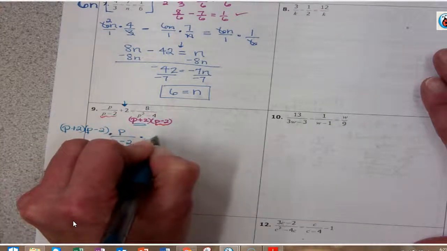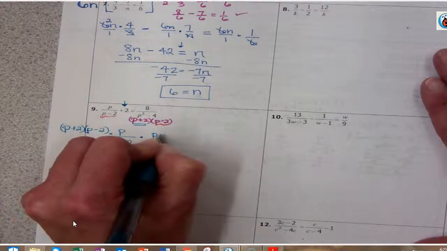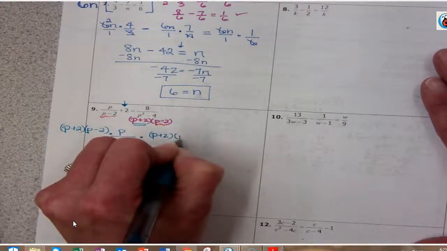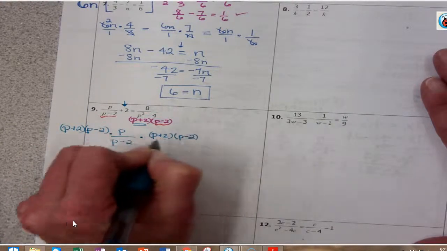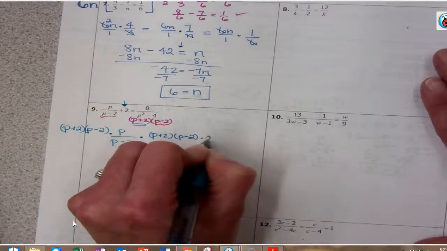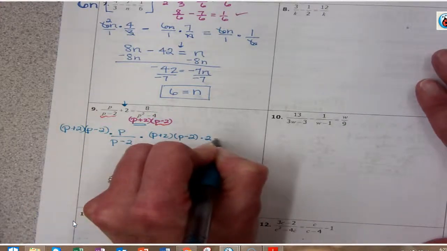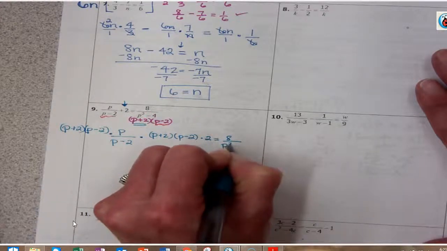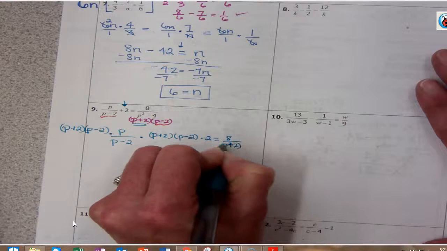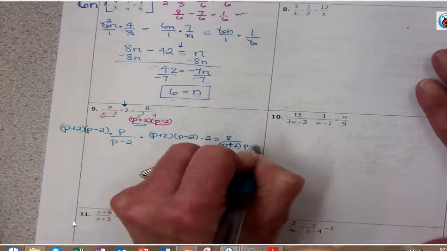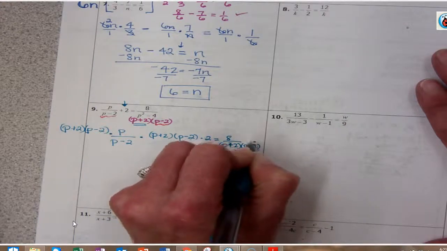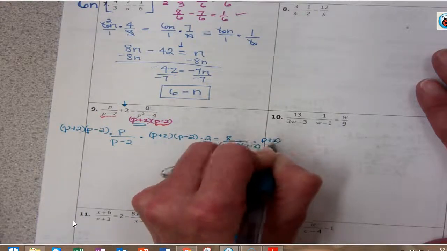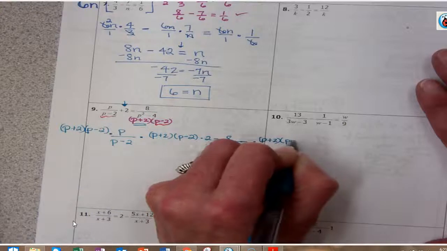And then I'm going to multiply (p plus 2)(p minus 2) times 2 equals 8 over p plus 2, times (p plus 2)(p minus 2).